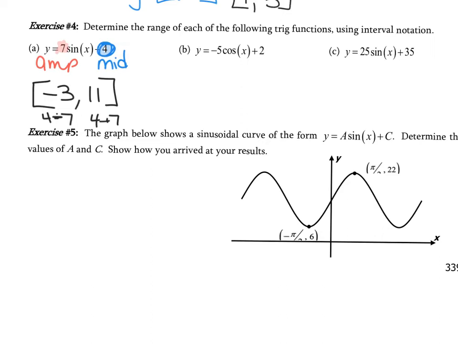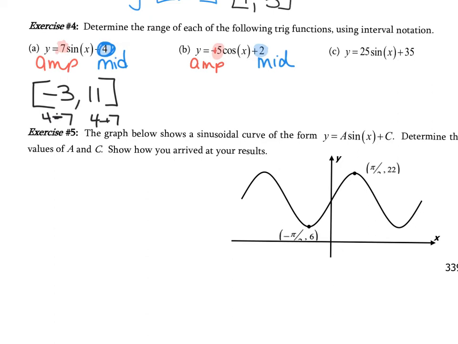So on the next one, I'm going to mark them again. 2 is my midline. And -5, or really just the 5, is the amplitude. The negative we don't really worry about as far as the amplitude.